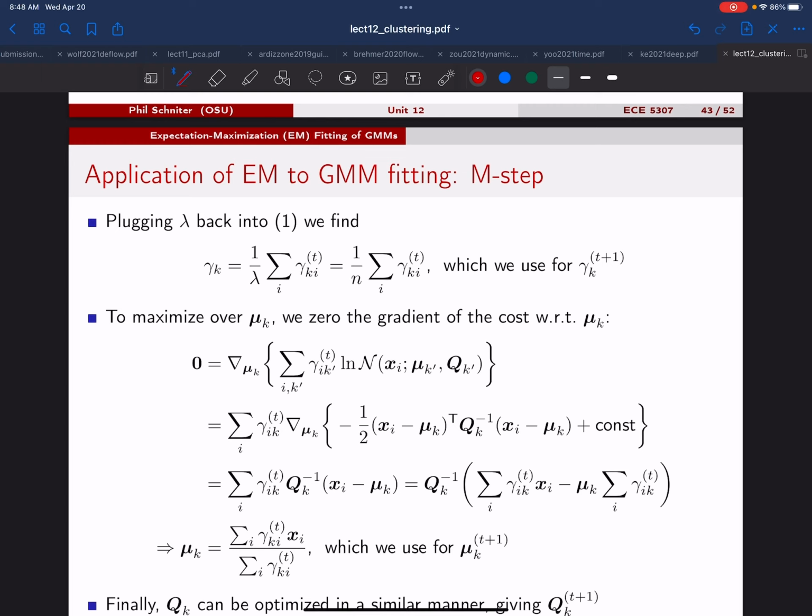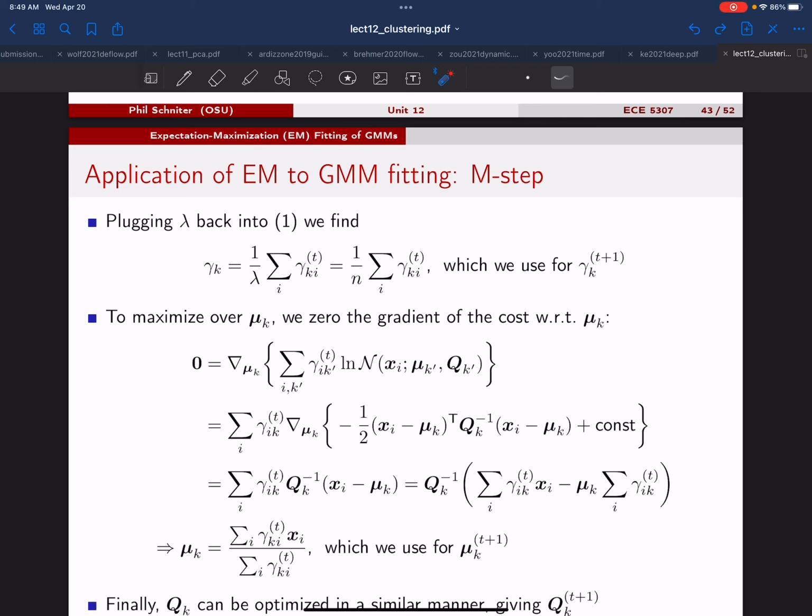There's different ways to do it, but one way would be to expand this into 4 terms. One term would be like x_i transpose Q inverse x_i. Clearly, when you take the gradient with respect to mu k, that goes away.